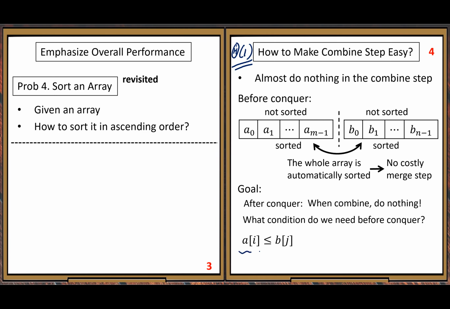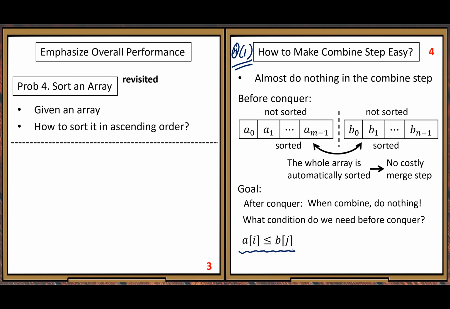The value of each element in A subarray should be less than or equal to any element in B subarray.